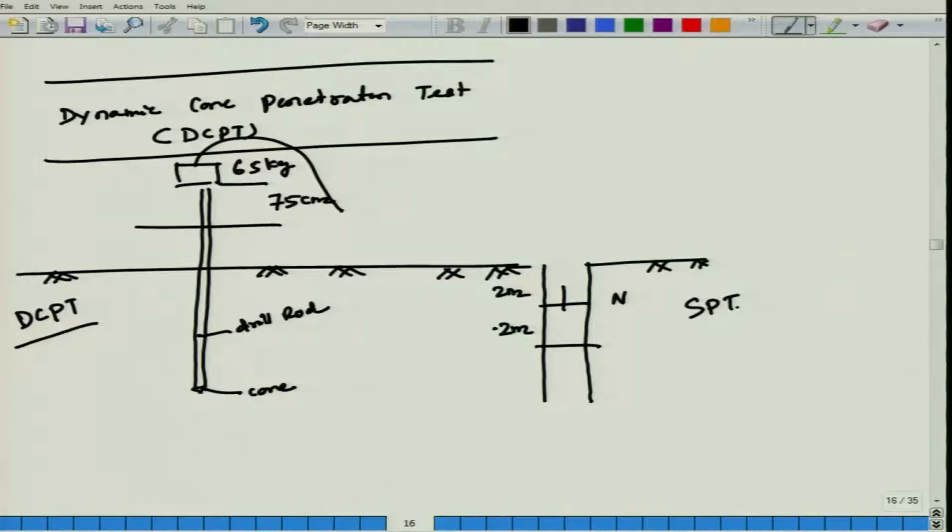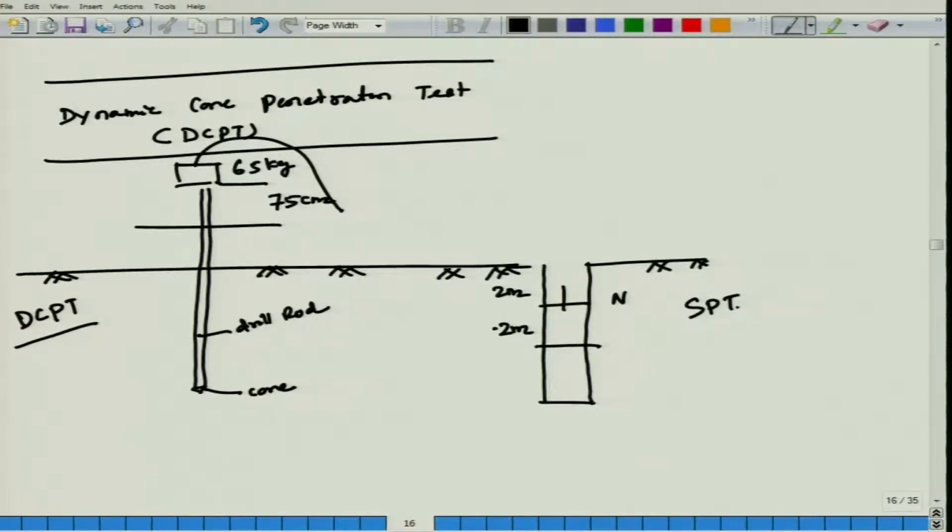At the end the cone will be there, and you can go down. So here you are saving cost since you are not making any boreholes, and you can go to any depth. In the other case it will be very difficult going for a borehole at a deeper depth.